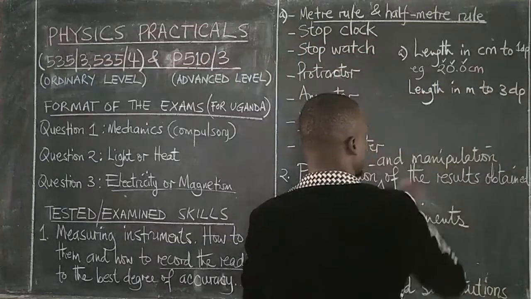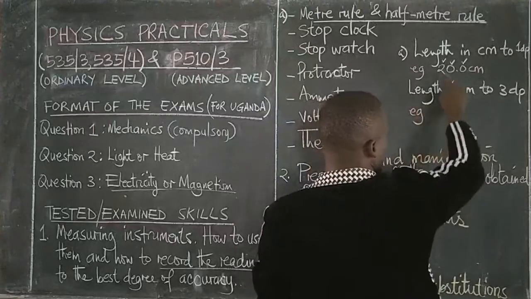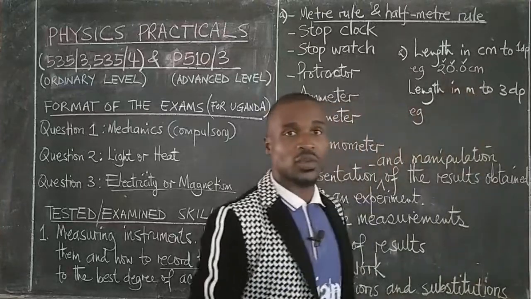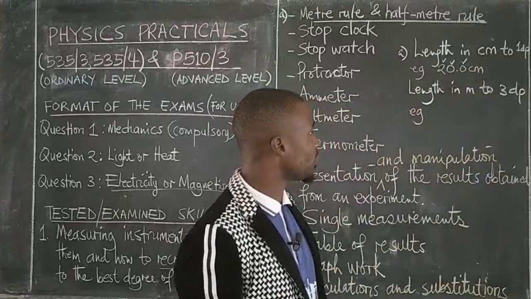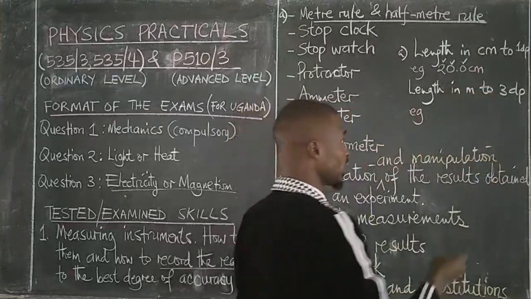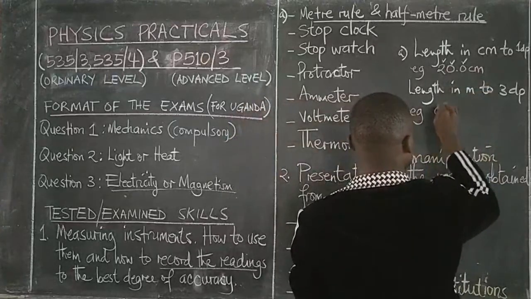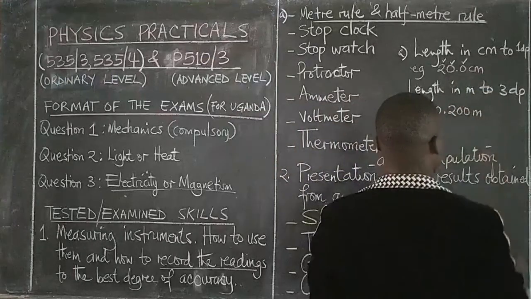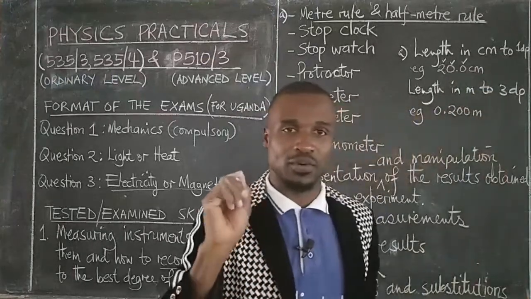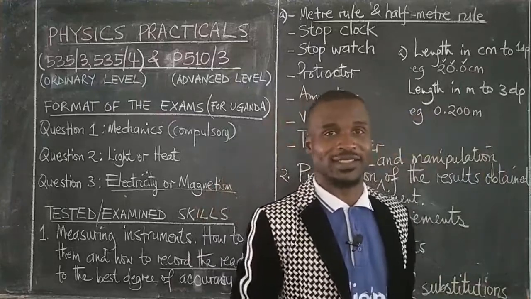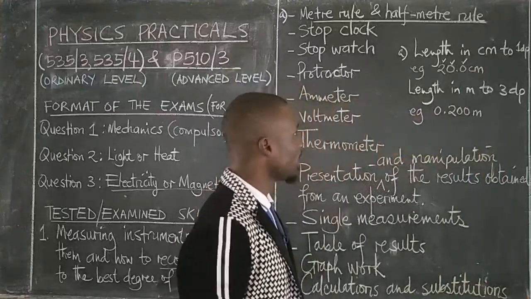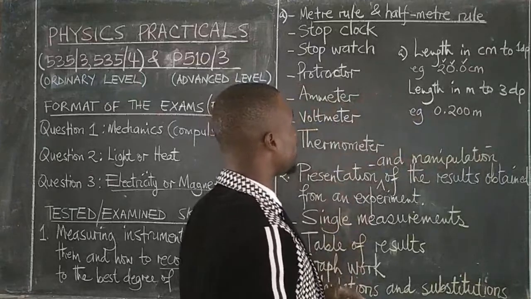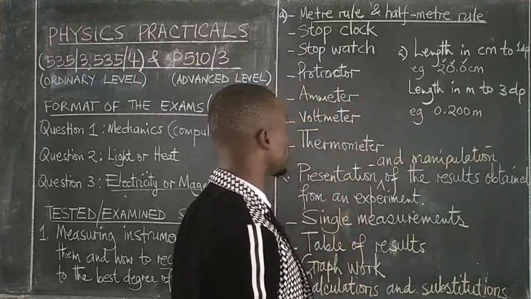An example is using this very one, 20.0 centimeters. If you convert to meters, you will get 0.200 meters. Please write properly. You have to be very organized. Yeah, that's about a half meter rule and even a meter rule.